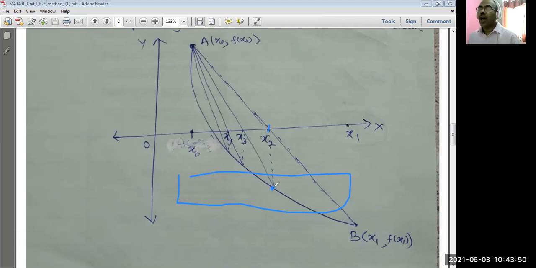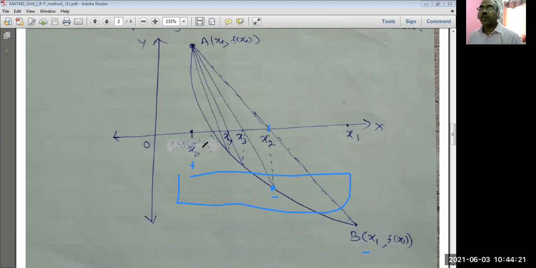This point lies in the fourth quadrant, so the y coordinate is negative. So this value is negative, this value is negative. I am writing only the sign of the function value. And at this point the value is positive because f at x0 is positive, which lies in the first quadrant.